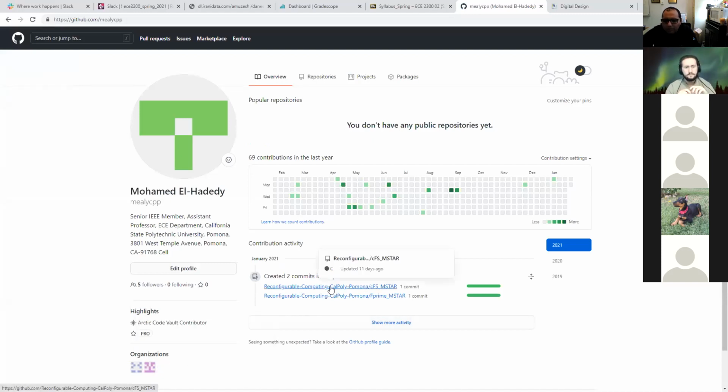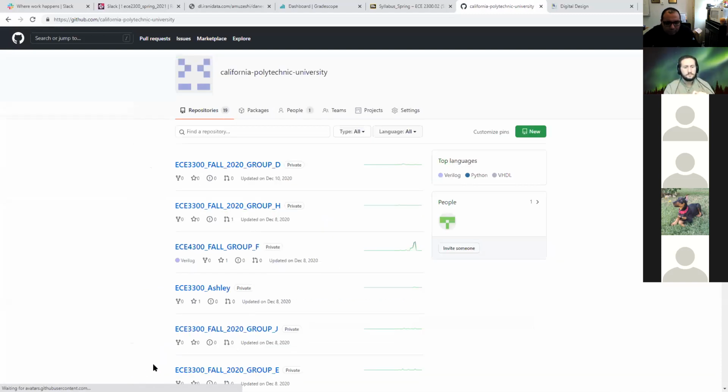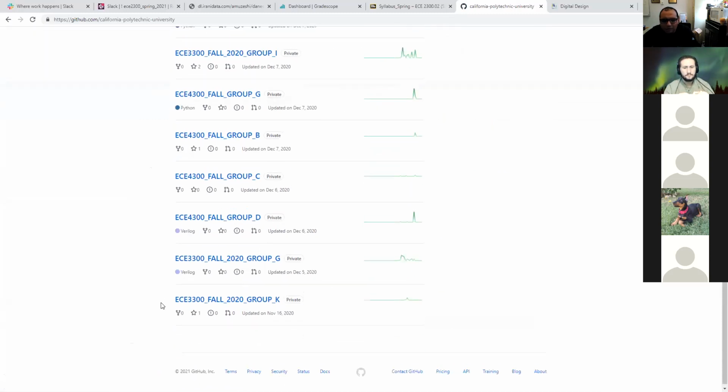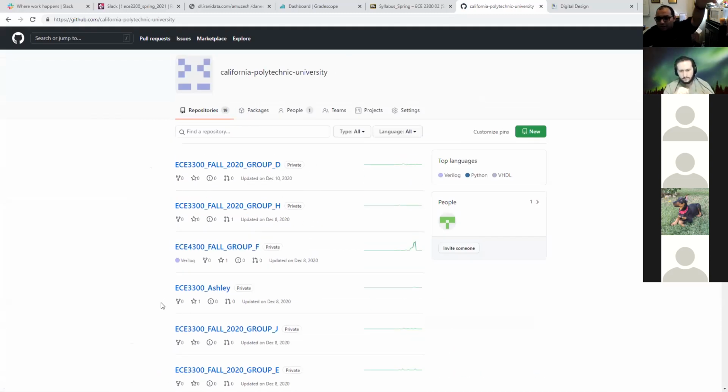One is called Reconfigurable Computing Cal Poly Pomona, where I put all of my research projects. The other I made for teaching. I will dedicate a folder for you to dump your solution there. It is private, so nobody can see it.